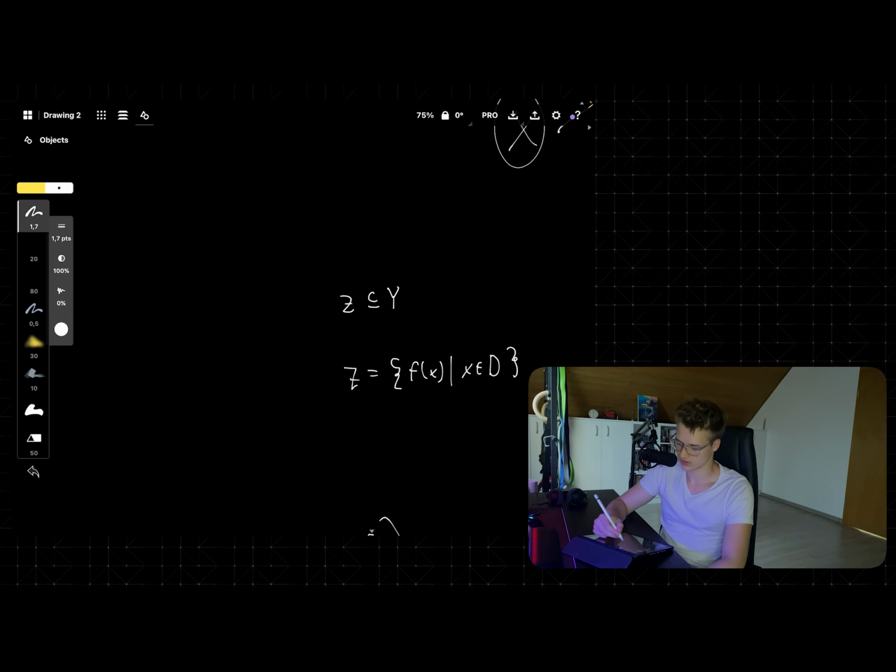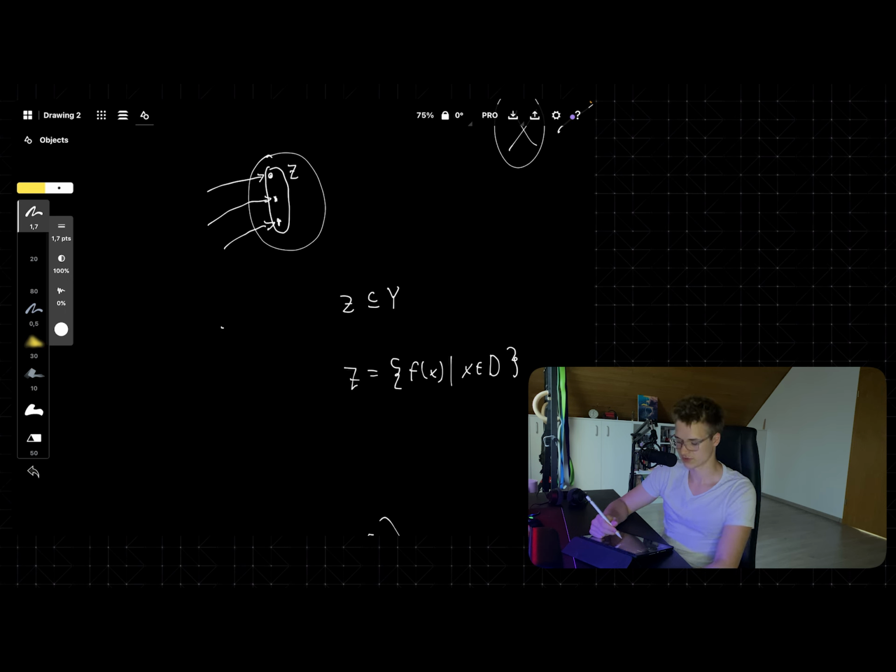In other words, you can imagine it like this. This is our codomain, okay? A function might only reach certain elements, might only hit these elements. The elements that it does hit are the range, okay?